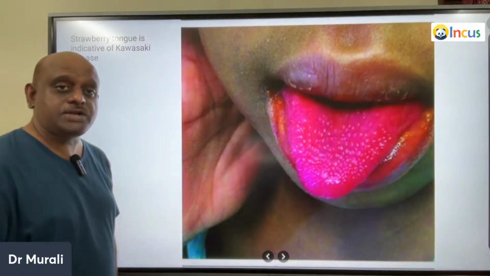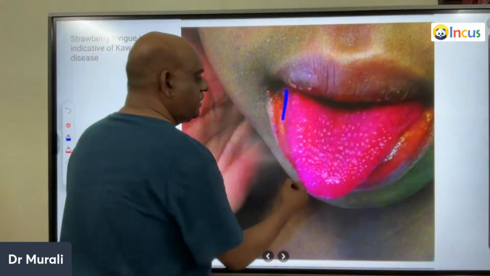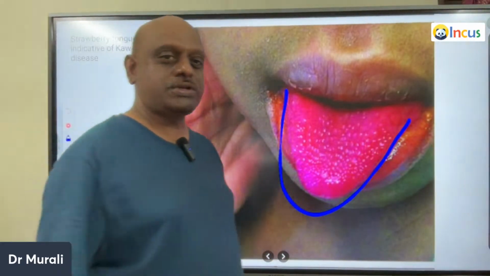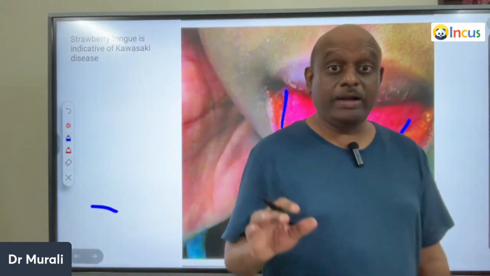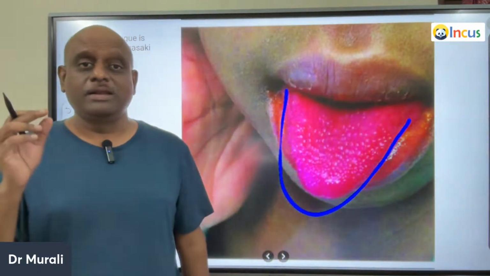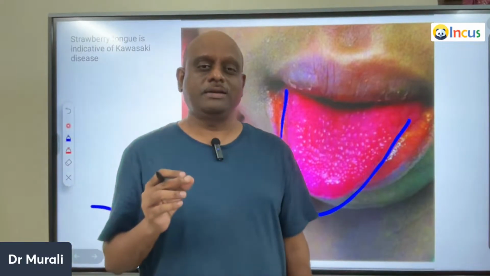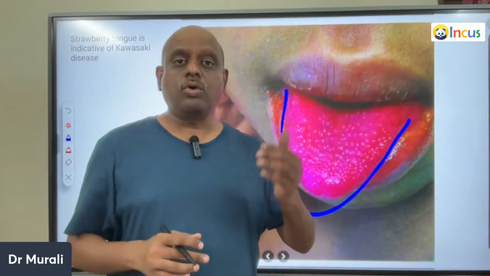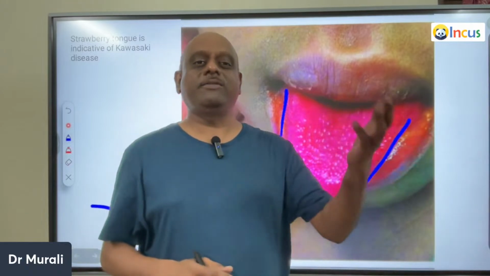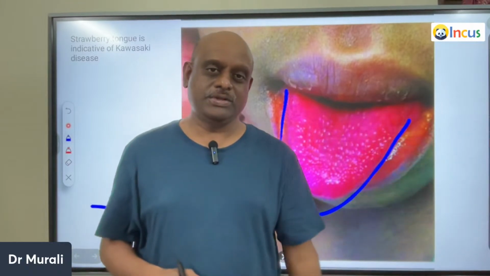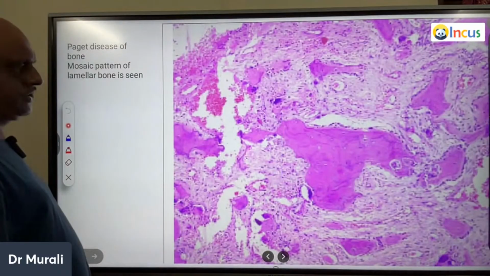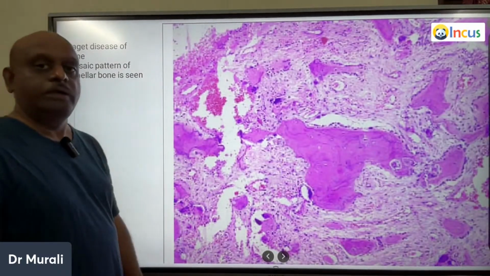And what is this called, doctor? This is the vasculitis, strawberry tongue. So strawberry tongue, coronary vasculitis, non-exudative conjunctival suffusion. So mucocutaneous lymph node syndrome is the name given to the vasculitis, which is called Kawasaki disease in the pediatric population, is what you should remember.